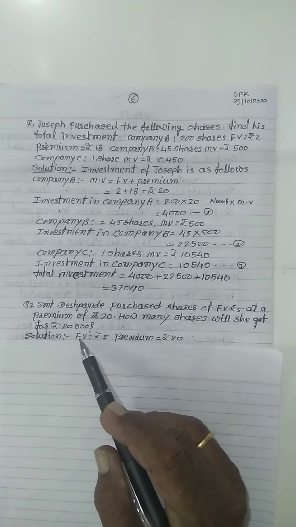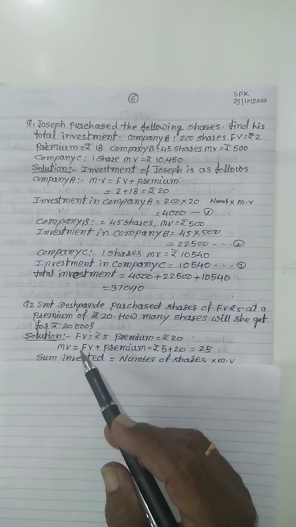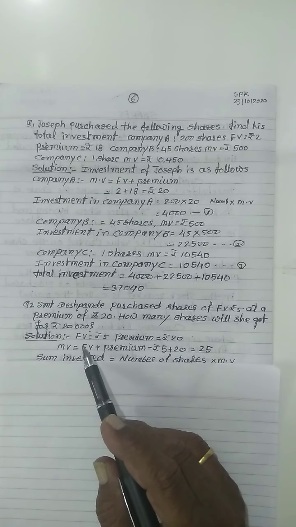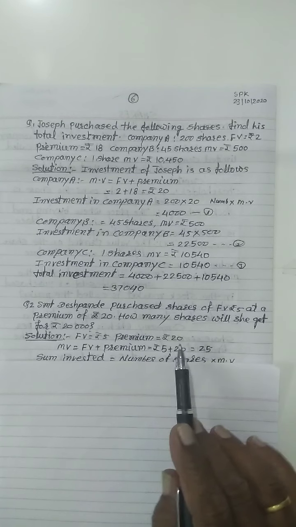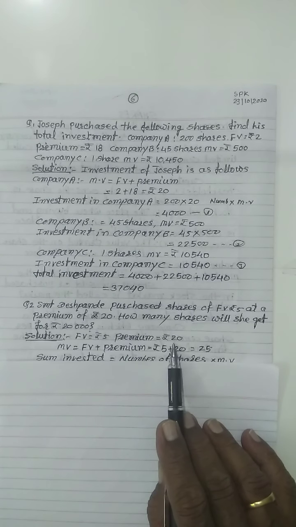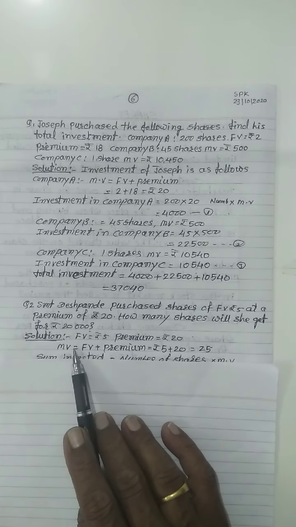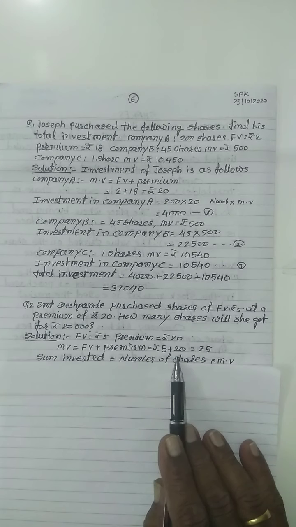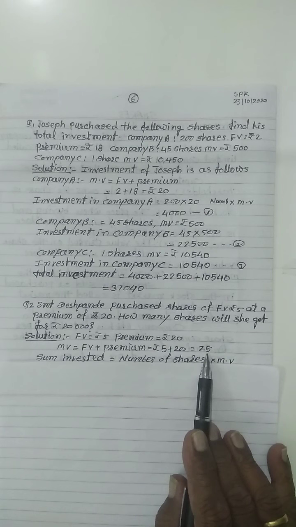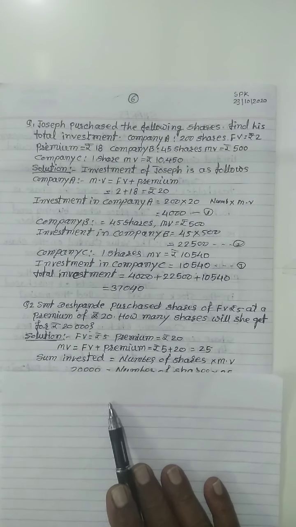She invests 20,000 rupees. From this 20,000, how many shares does she get? Solution: face value is 5 rupees, premium value is 20 rupees. So the market value of the share is face value plus premium, means 5 plus 20, 25 rupees is the market value of the share.